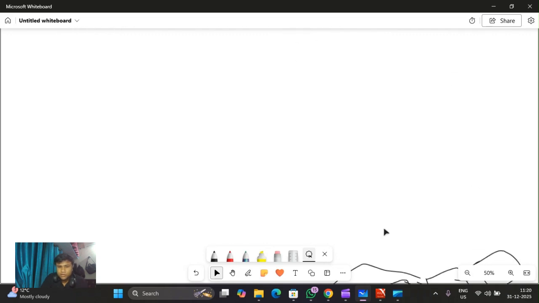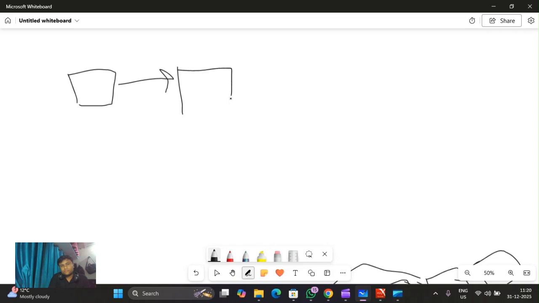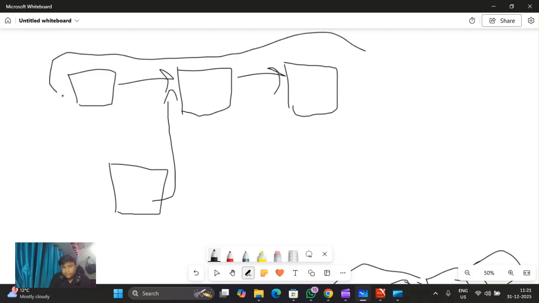Like we can see, first we take a pen. This is block one, this is block two, and this is block three. This is another block that someone created and tries to insert into that chain, the blockchain, like a linked list.